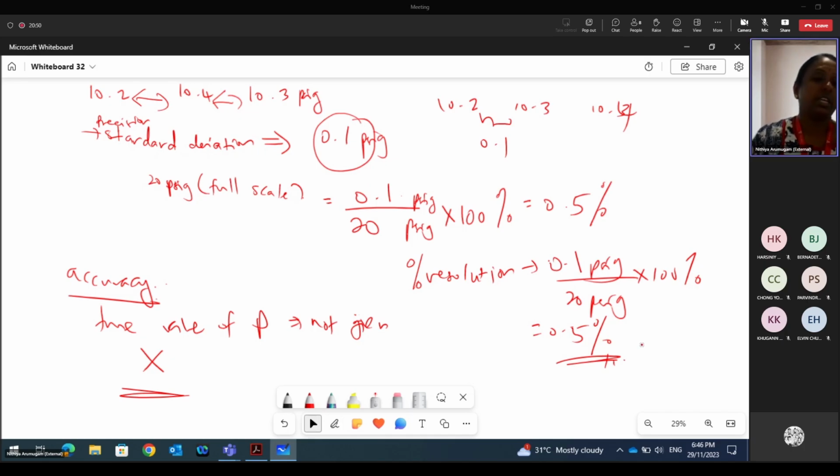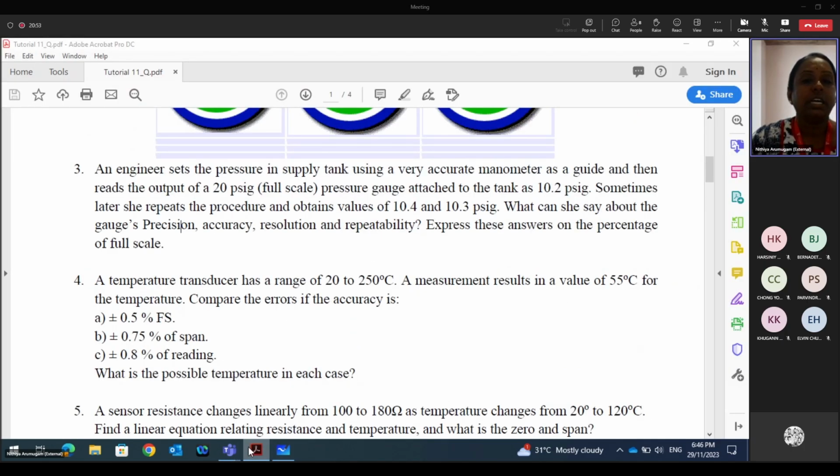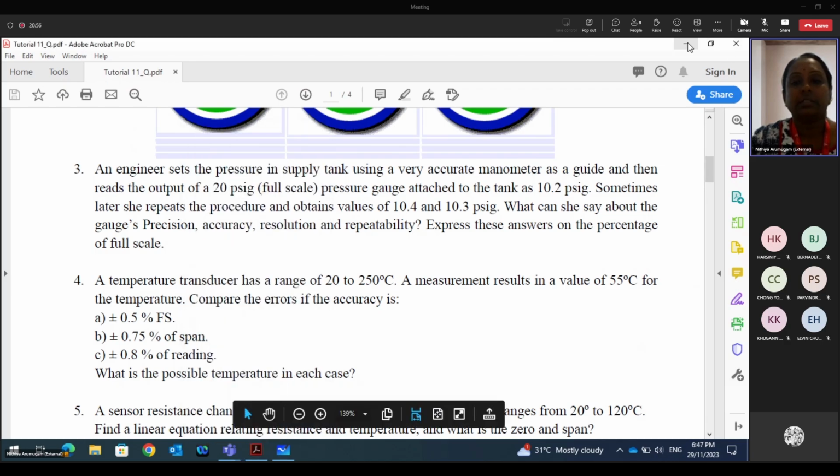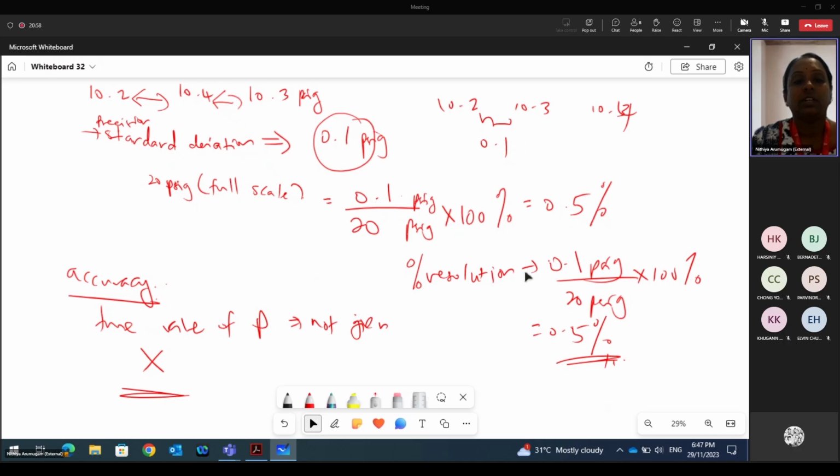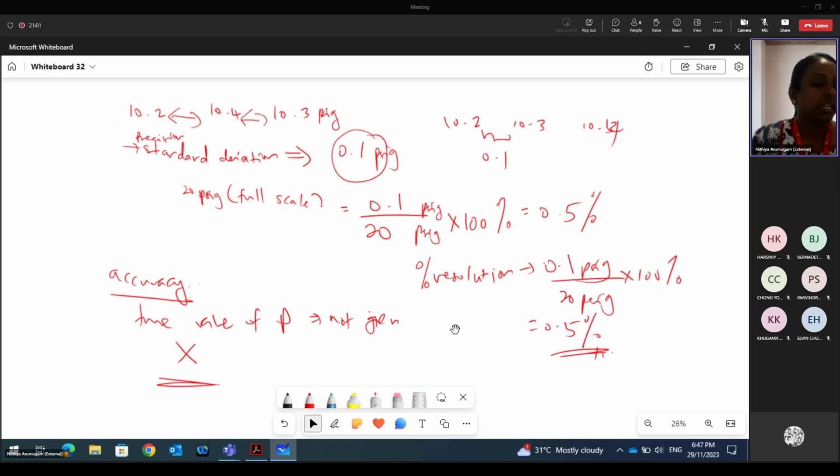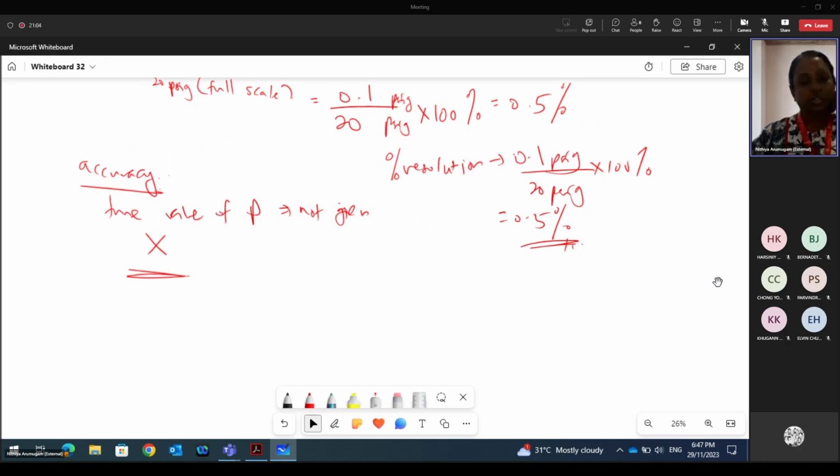of resolution. And next, we need to find out the repeatability. Repeatability means how close a number of consecutive measurements of the output are under the same operating condition, same equipment, single analysis, and using the same input values for a short period of time.